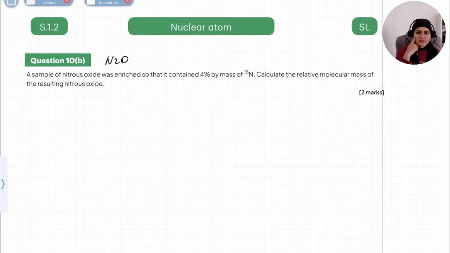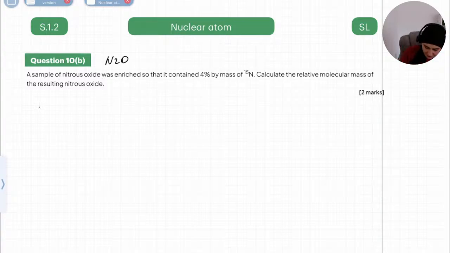So the first thing you have to do, and also you see 2 marks. If it was just finding the molar mass of N2O, it would be very suspicious for 2 marks. It doesn't work like that. So here first we need to find the relative atomic mass of that particular sample of nitrogen. How do we do it? They told us previously that this sample had only two isotopes, N14 and N15.